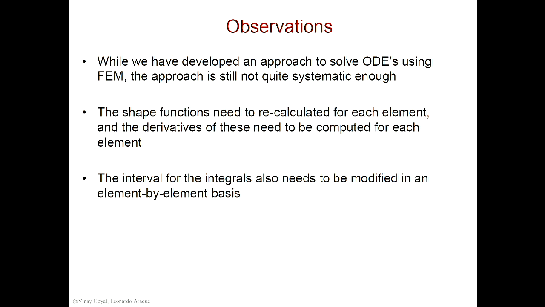I could have an element this size or an element this size, but the shape functions are the same. If I can make my integrals go from, say, 0 to 1 for every single one of them, that'll be awesome. Because then everything is consistent. And that approach is getting me now closer to a more systematic approach, an approach that can code up or quickly execute with no issues.